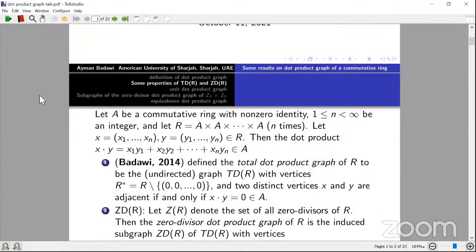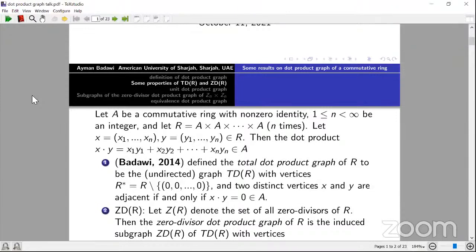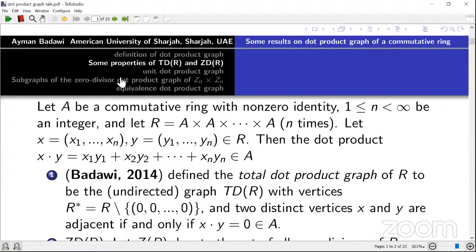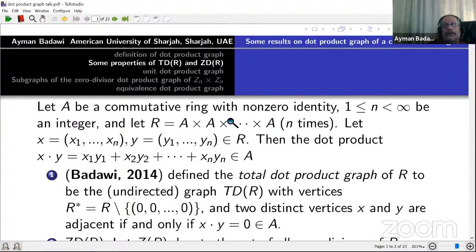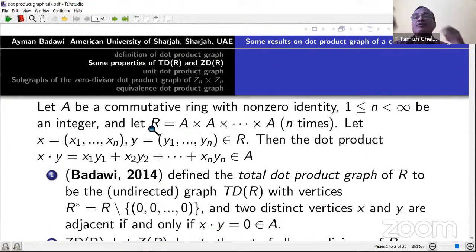Full screen. How is that? Control Shift F. Yep. Okay. That's fine. Full screen. Yeah, fine. Okay. Fine. You continue. Yeah. Because from here it looks fine. I'm not sure how it looks from there.